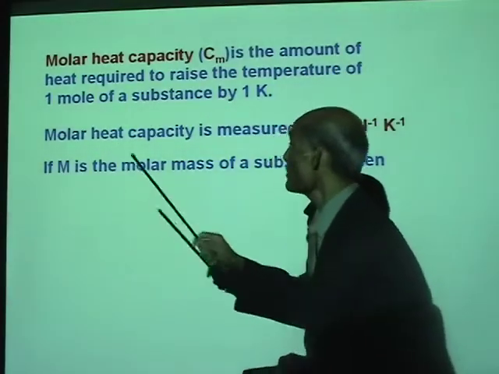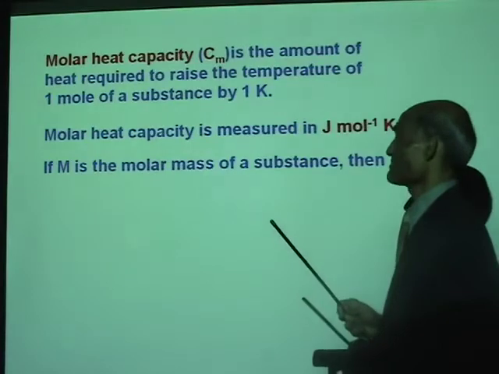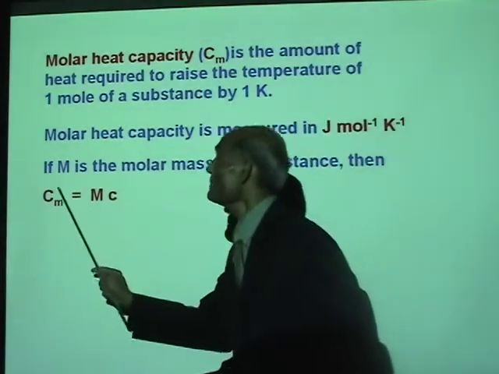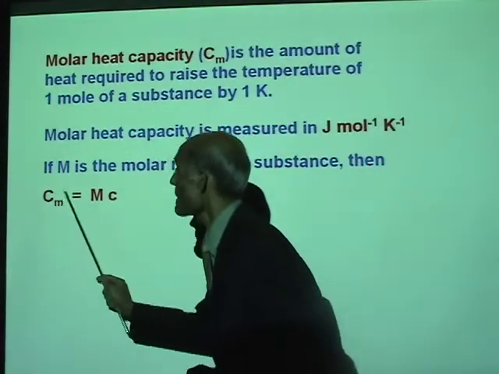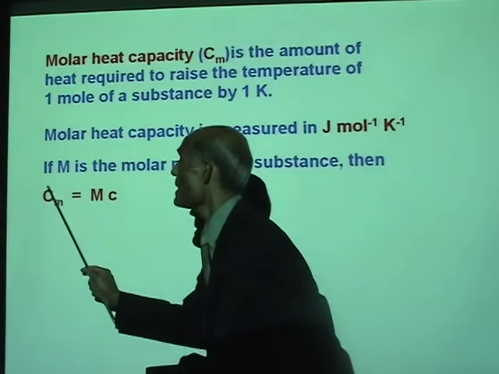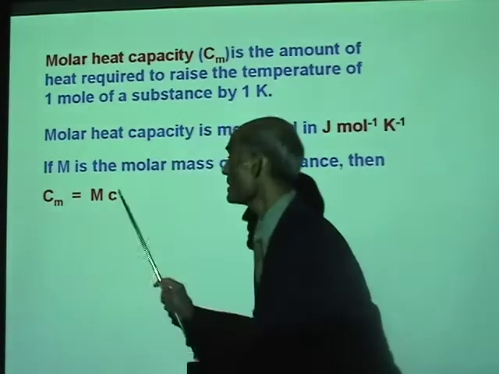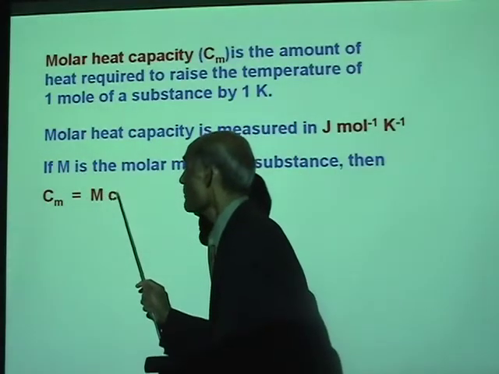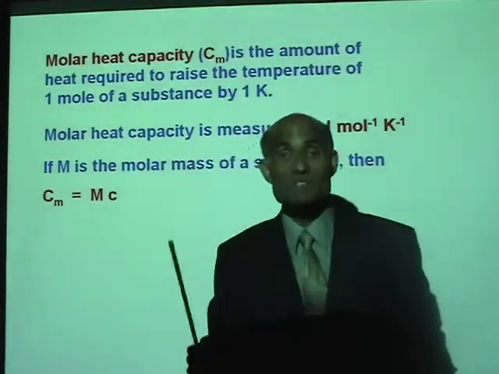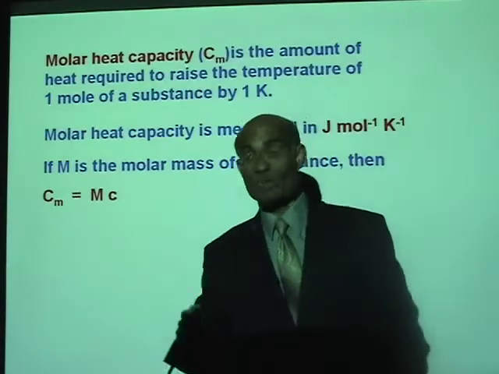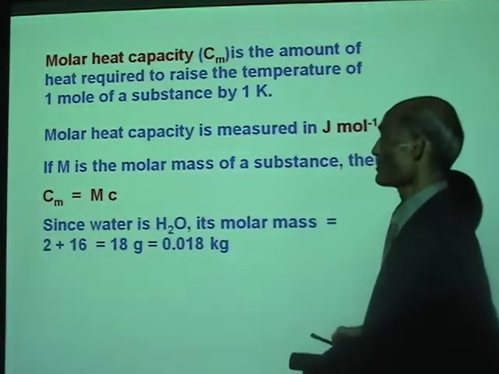If m is the molar mass of the substance, then molar heat capacity, C sub m, uppercase C sub m, is the molar mass multiplied by the specific heat. Now, all these relations are important for you to remember.